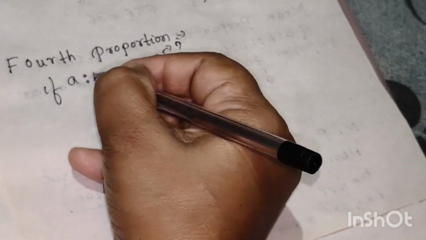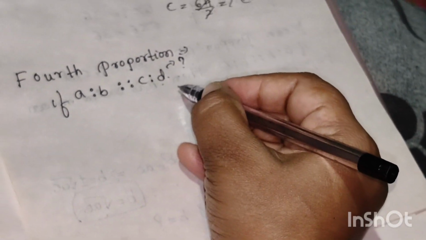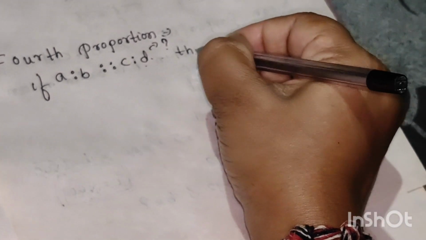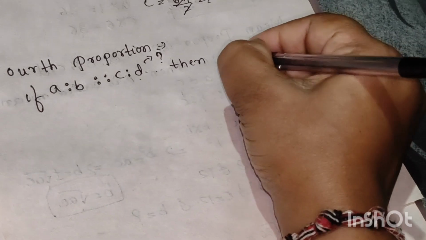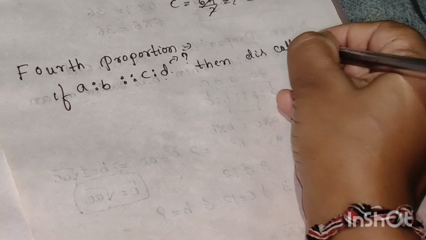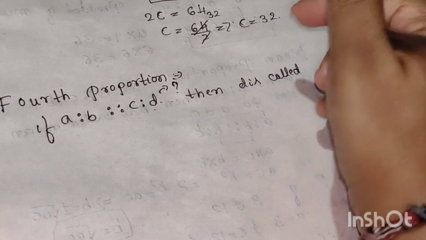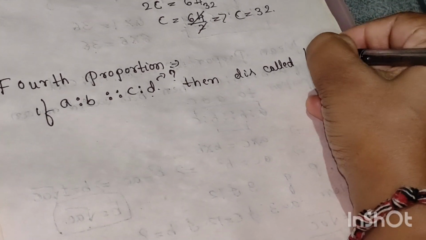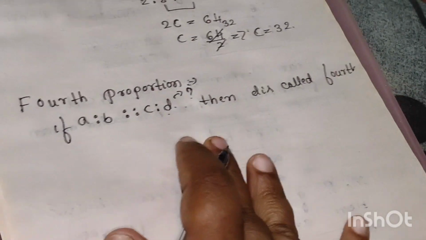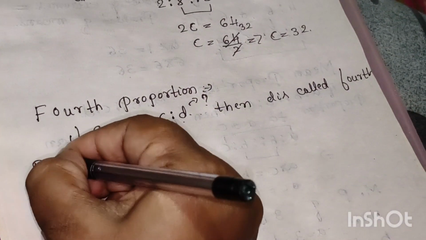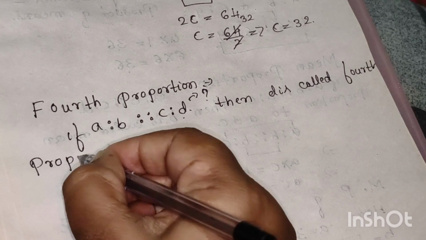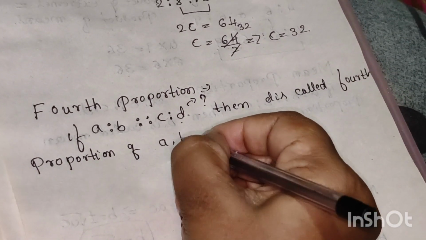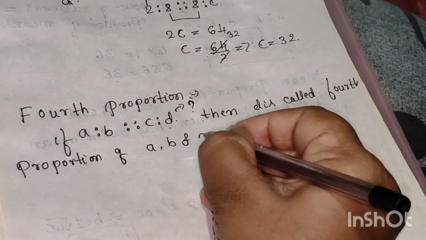If A is to B is proportion to C is to D, then D is called the fourth proportion of A, B and C.